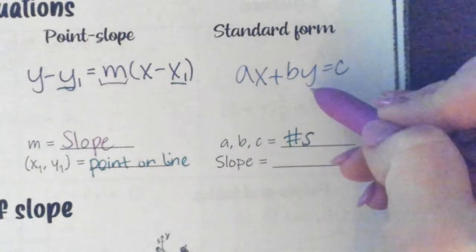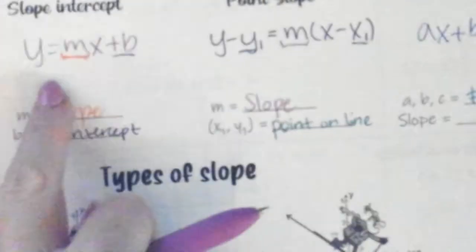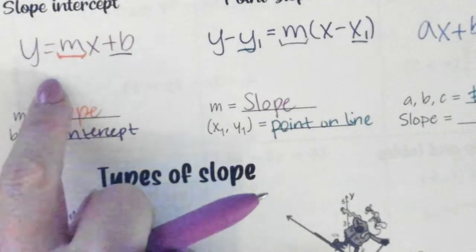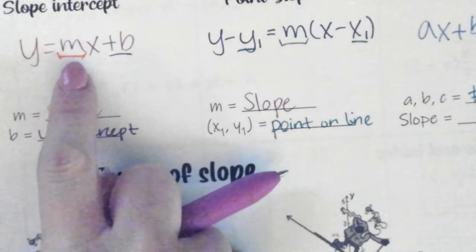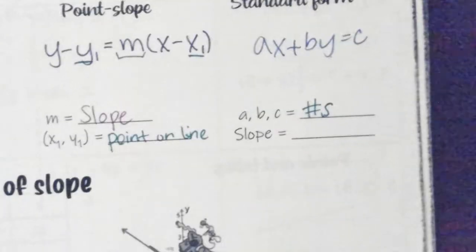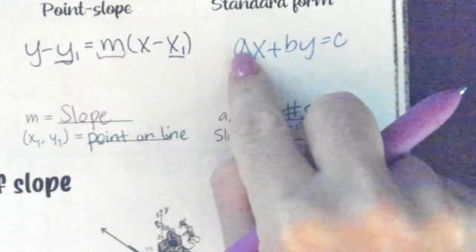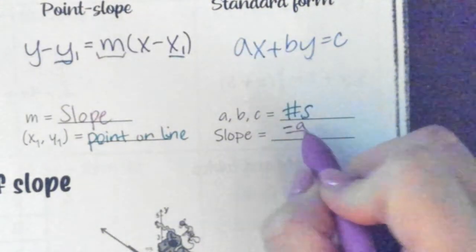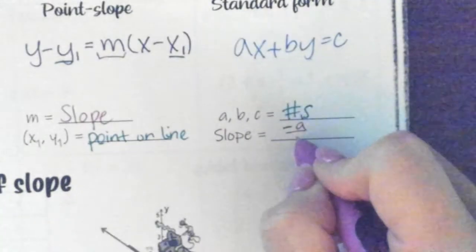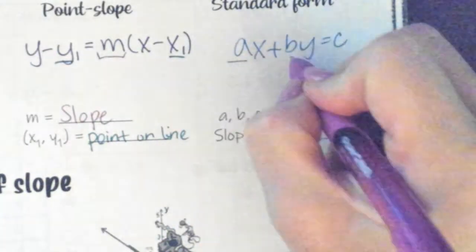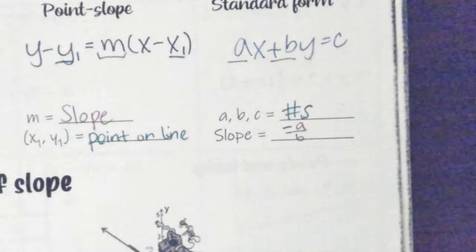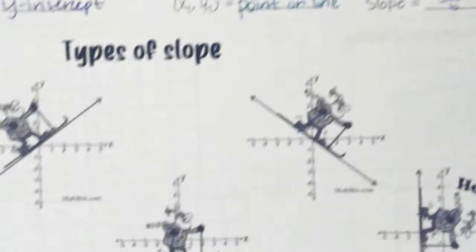We can solve for y and get it into slope-intercept form, and then whatever number is in front of x is our slope. Or we could take the opposite of a, so whatever number this is, the opposite, divided by b. So we're looking at these two numbers. And I'll show you examples in just a minute.